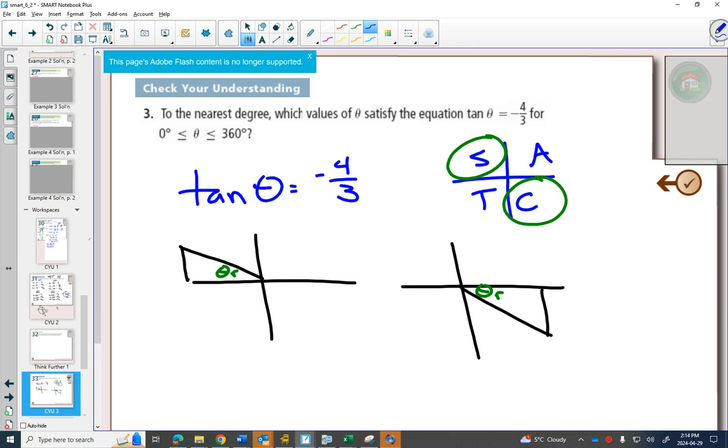And if I was labeling things on the triangle, if tangent of theta is -4/3, that means for my reference angle, the opposite over the adjacent has to be 4/3 in both of these triangles.